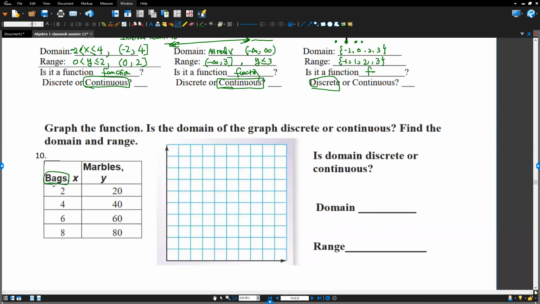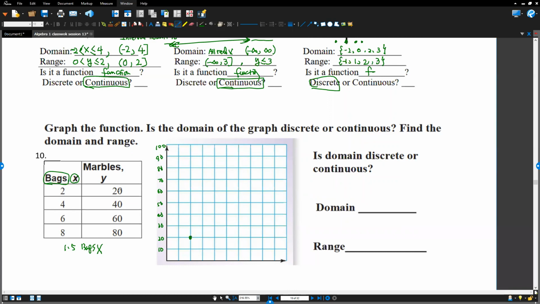Y is 20 for 2 bags. The y-axis goes 10, 20, 30, up to 100. There's no 1.5 decimal number of bags. The number of bags is always an integer. In addition to that, only even numbers.